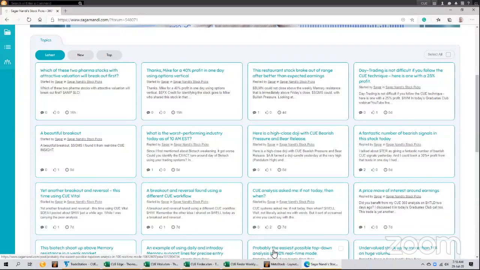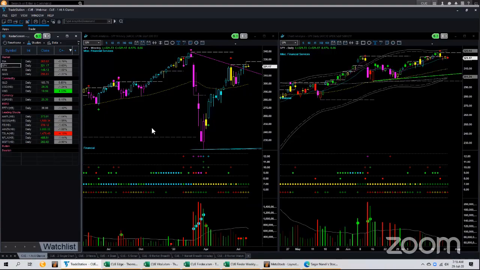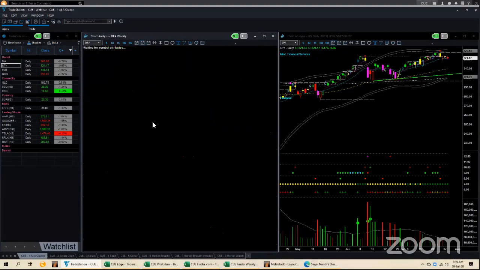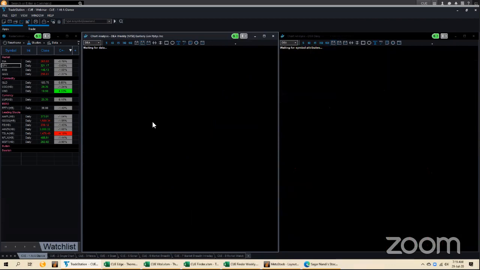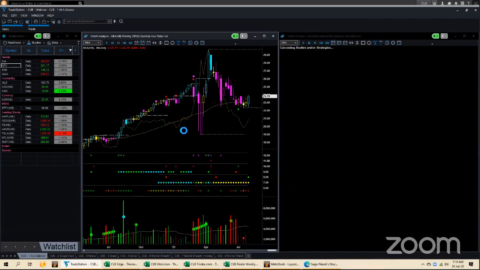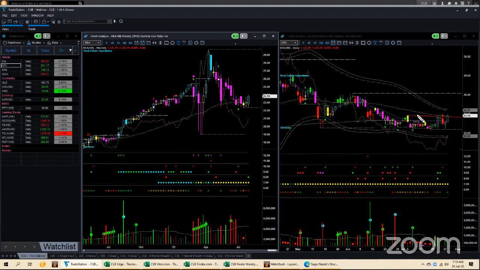Let's have a look at them using Q charts. DEA. I think I shared this stock on this day. Then it tried to come down, and yesterday it went up strongly. I have a profit in this trade now.